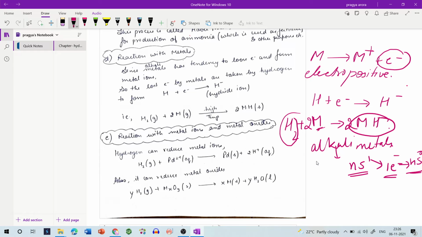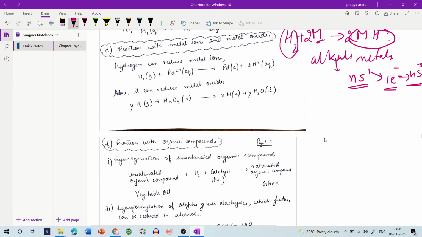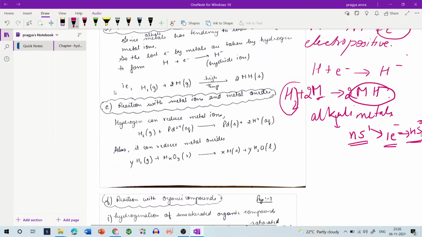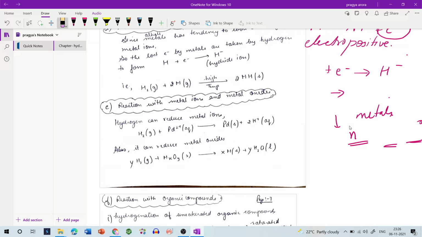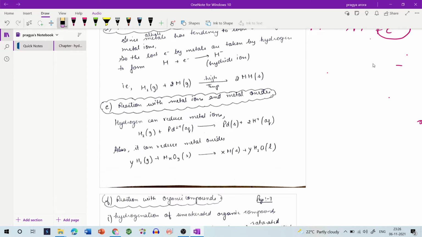Now, reaction with metal ions. As I have already said, if they are alkali metals, alkali metals are electropositive.